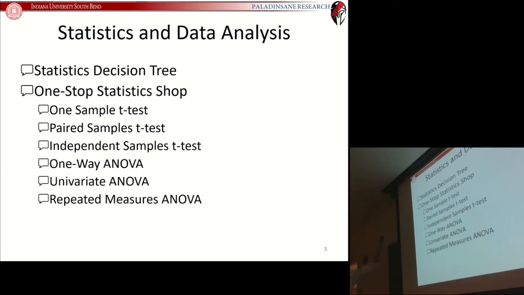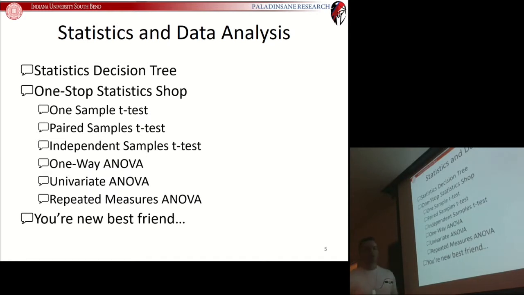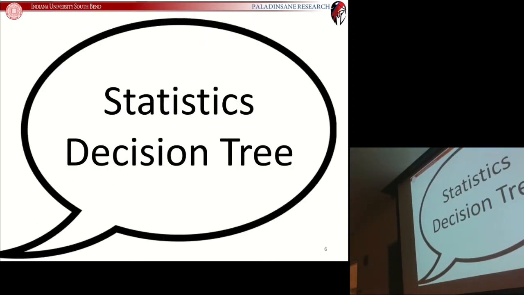So if your test falls into one of those six, then there's a place where you can access some resources, and I'll talk about that. And if it doesn't, or even if it does, we'll just briefly mention the thing that is going to become your new best friend.